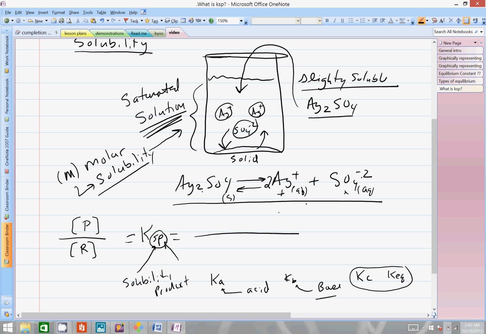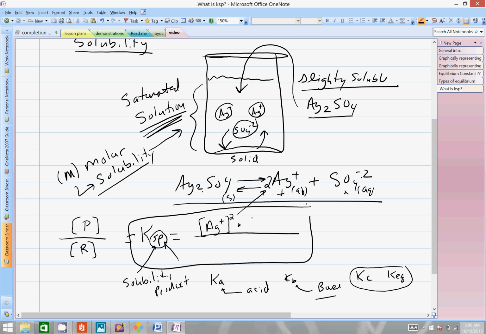But to write your mass action expression or your equilibrium expression, you do your concentration of your products over the concentration of reactants. Now, my products are 2 Ags, so I'm going to go Ag, don't forget your positive sign, bracket, and they have to be brackets, not parentheses, and 2 goes here representing that coefficient.